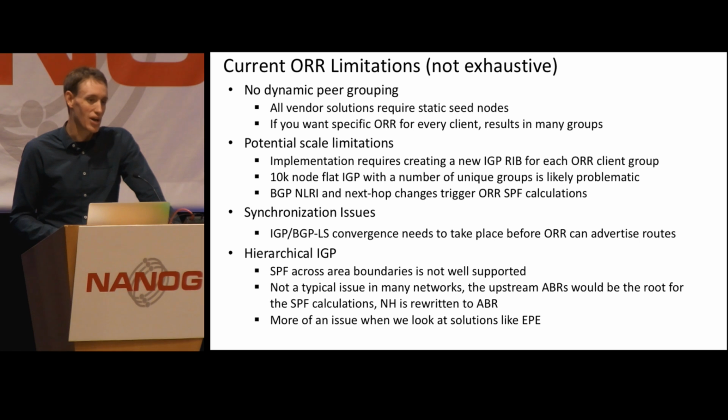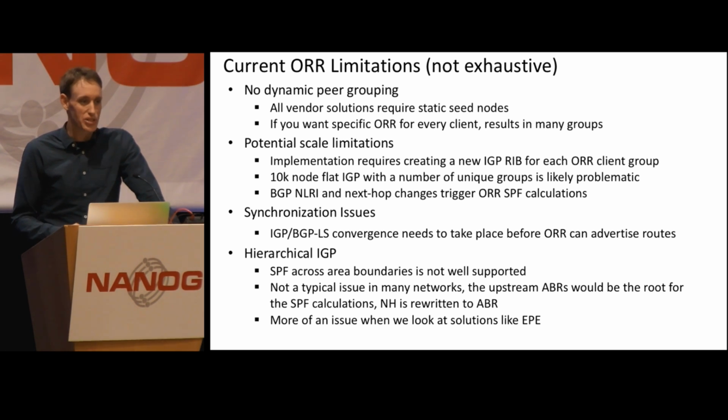Even for off-box compute, that's still a lot of computation that has to happen all the time. Now you can scale virtual route reflectors pretty easily horizontally, so it may or may not be a big issue. But there's this matrix of different values as far as IGP scale, number of groups, and number of clients, and there's definitely limitations there.